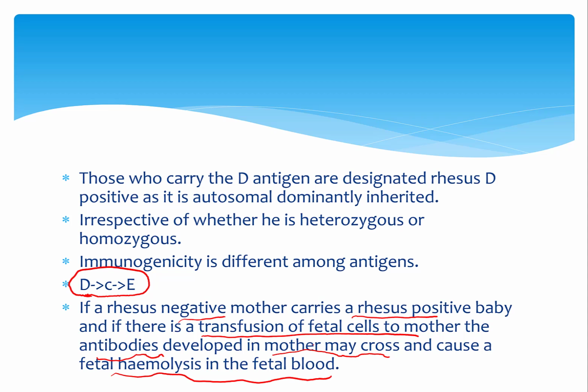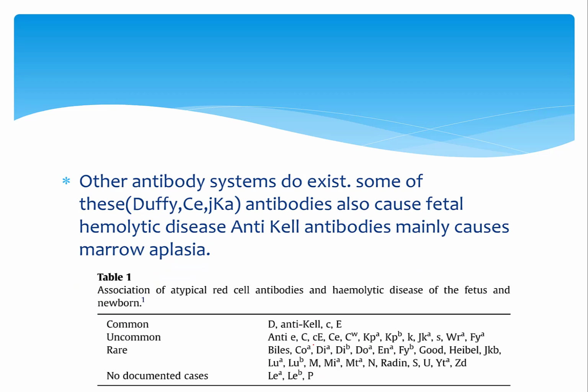So the poor baby's fetal cells will all lyse, so that it will have anemia, followed by cardiac failure, and then edema and death. So that is how fetal hemolysis kills the baby.